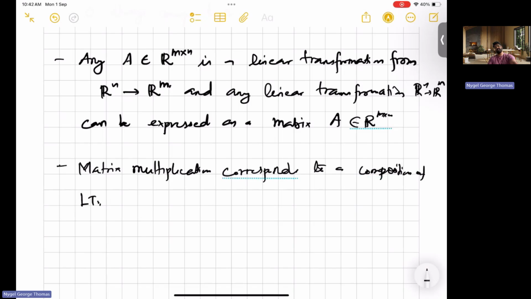Is it a composition? Composition means it has to be some function within another function. Is it stacking or composition?